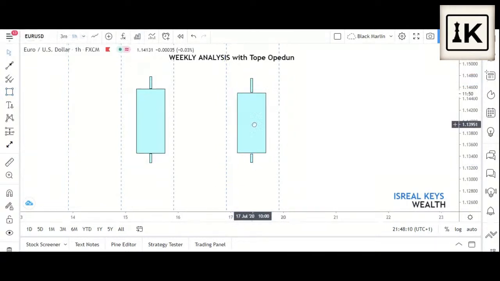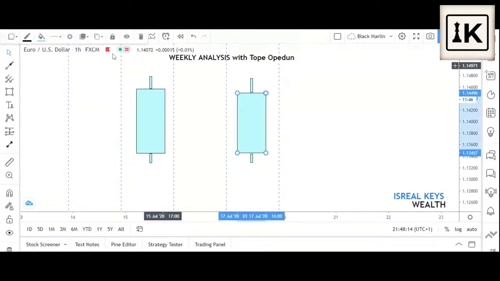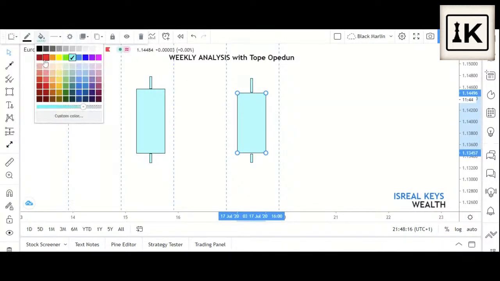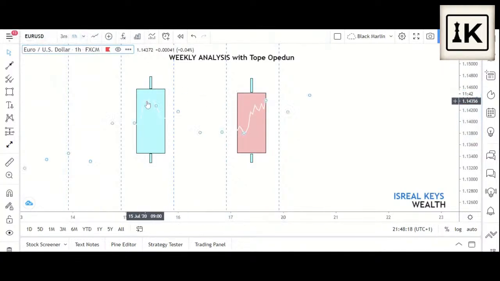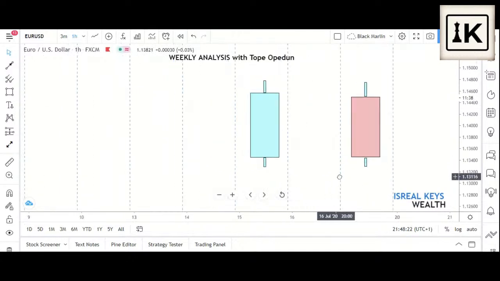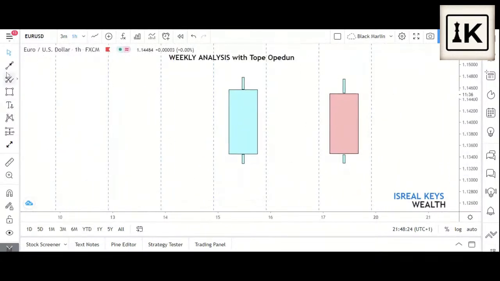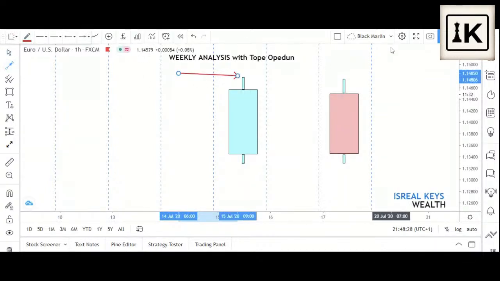Okay, let's paint this red to show it's a bearish candle, and we leave this blue as a bullish candle. Every candle has a high. You can see this, the very top.